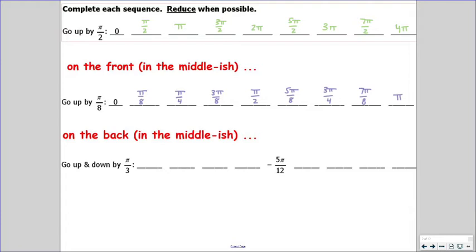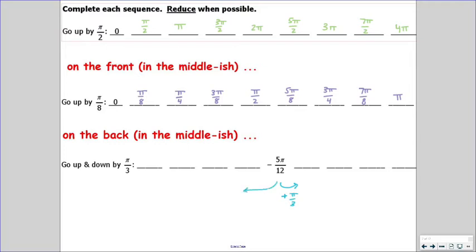All right, last example on the back, kind of in the middle. We're going to go up and down by pi over 3, but this time we're not starting at 0. I don't have a 0 in that space, so we can't assume that that's going to be 0. We're going to start from the middle at negative 5 pi over 12. So this is where it gets a little bit more complicated. We need to find a common denominator so that I can start adding and subtracting by pi over 3. So here's the trick for these types of problems. Going this direction, we're going to add pi over 3.